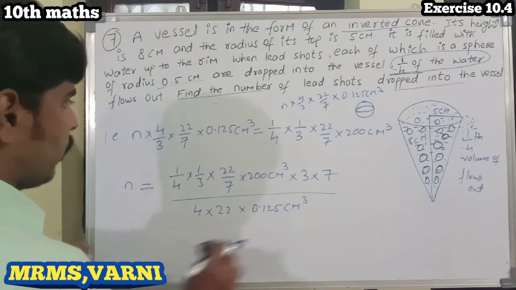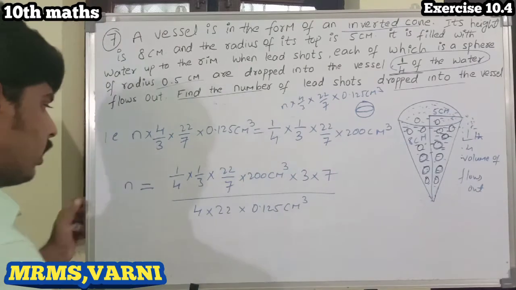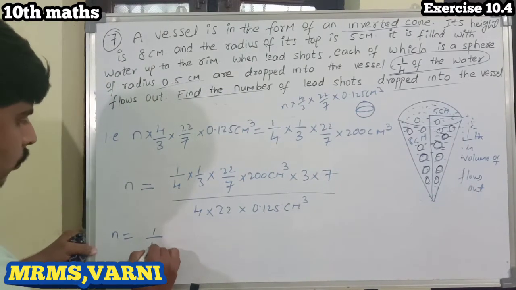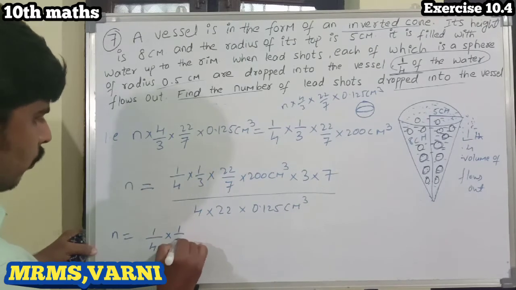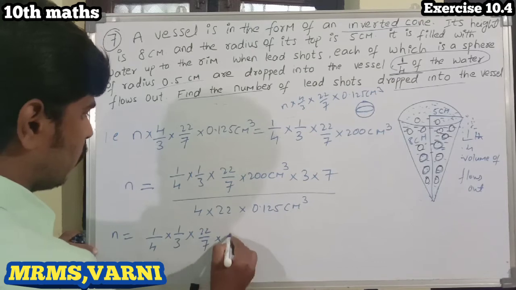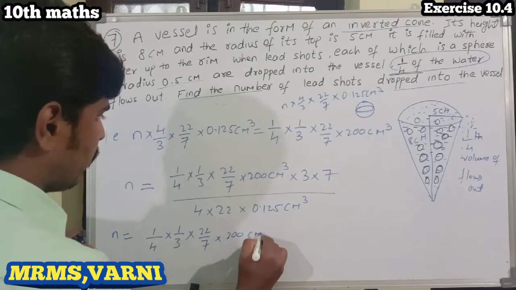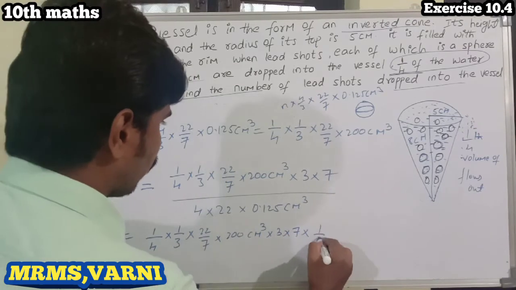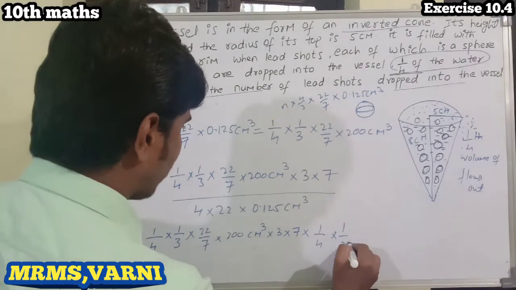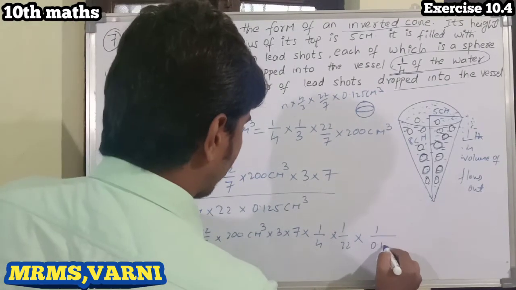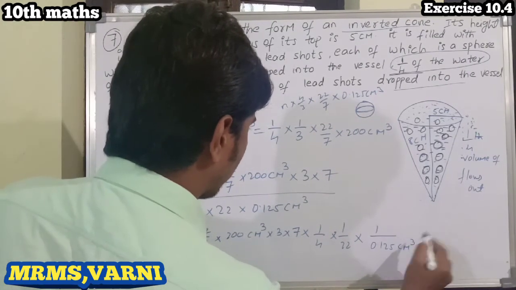I think we need to write like this. Okay, next step we can write like that. 1 by 4 into 1 by 3 into 22 by 7 into 200 centimeter cube into 3 into 7 into 1 by 4 into 1 by 22 into 1 by 0.125 centimeter cube.